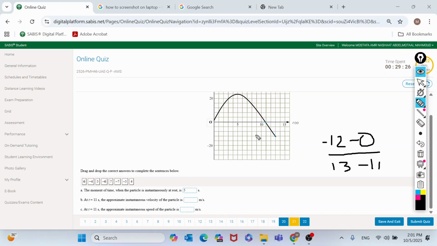It's -12 because it's down. So -12 minus 0 over 2, so it's -6. And this instantaneous speed is the magnitude of the velocity, because it's just the magnitude. It doesn't have the direction.